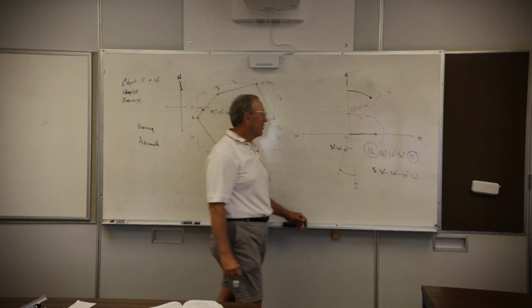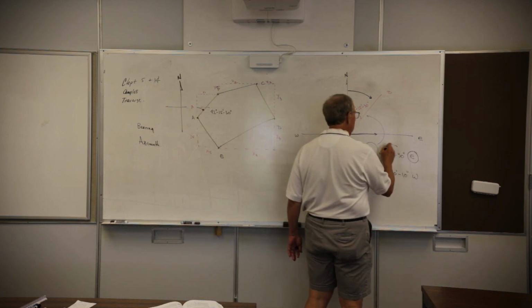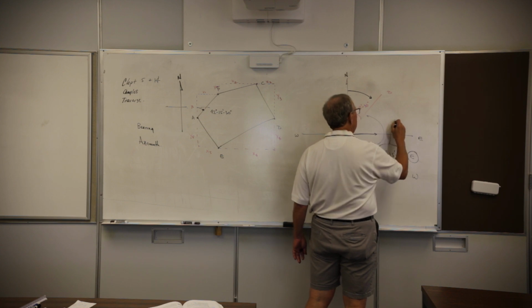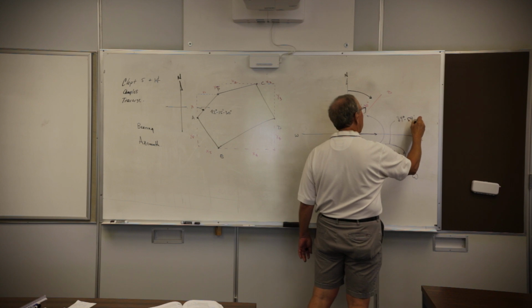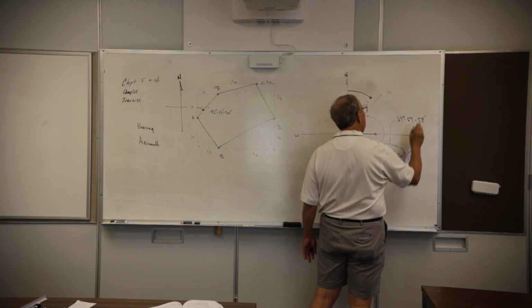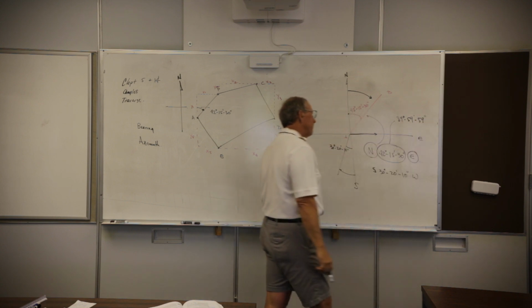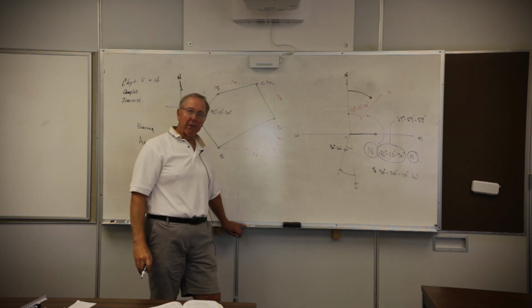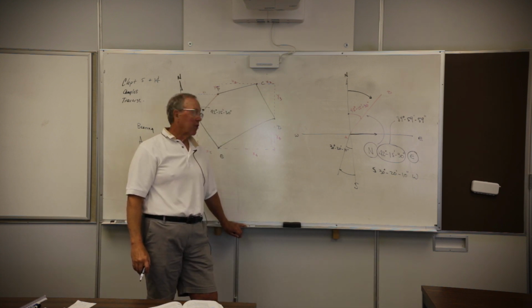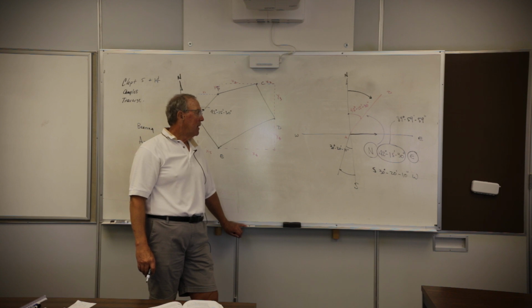So the biggest this number can ever be is 89 degrees, 59 minutes, 59 seconds. If it hits 90 degrees, it's a true east or true west. Okay? So there's a bearing.